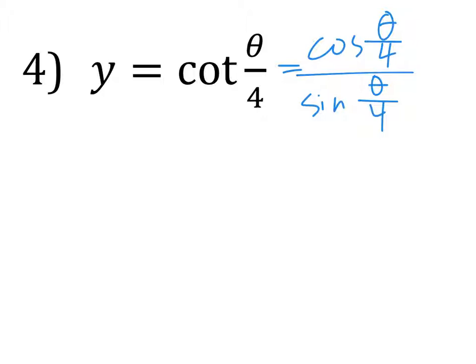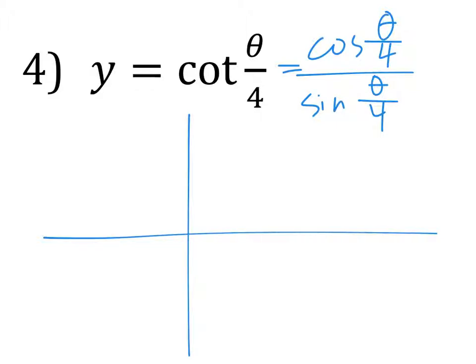Which function is going to create some problems? Sine. So we're going to graph sine first. Sine theta over 4 means the period is what? 2 pi over 1/4. 8 pi. Okay, so 8 pi. Half of that again.